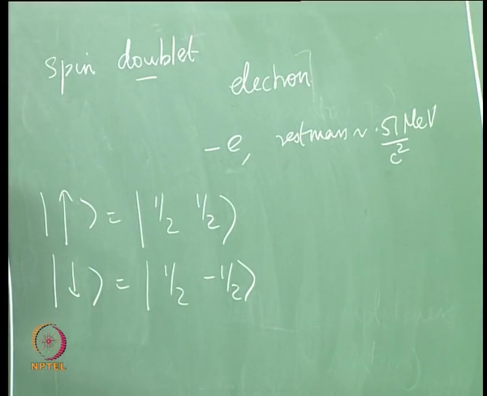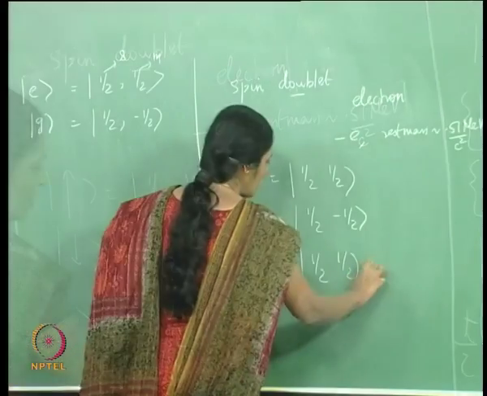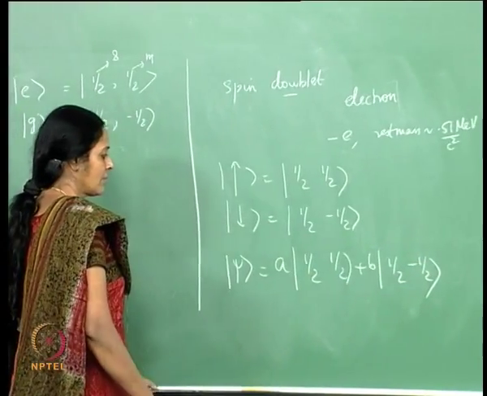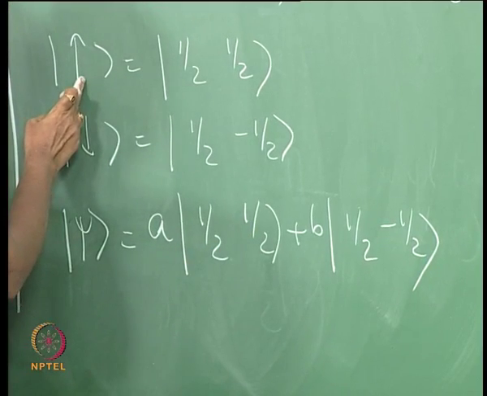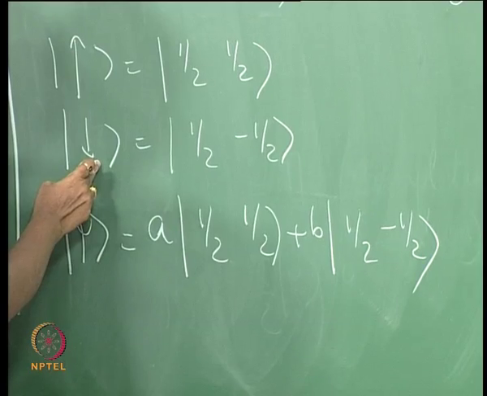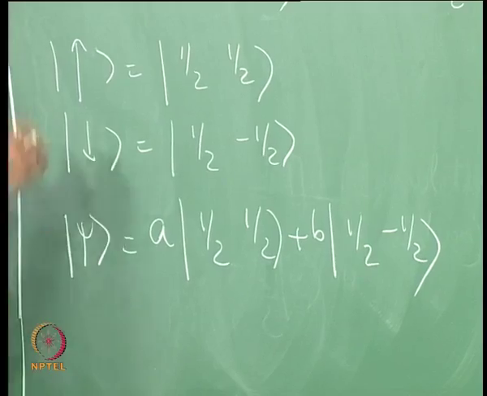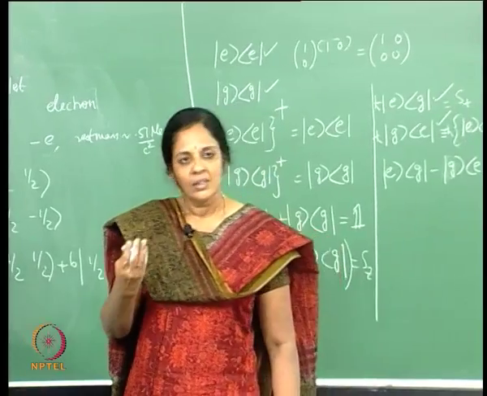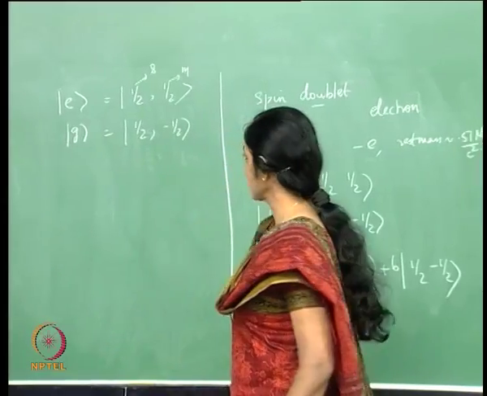Before measurement of the spin of the electron, the spin state of the electron would in this notation be represented in this manner. And after measurement, the system would collapse either to the up state or to the down state. We will show later that there are other particles with spin s value given by 1, 3 by 2, 2 and so on in units of h cross.